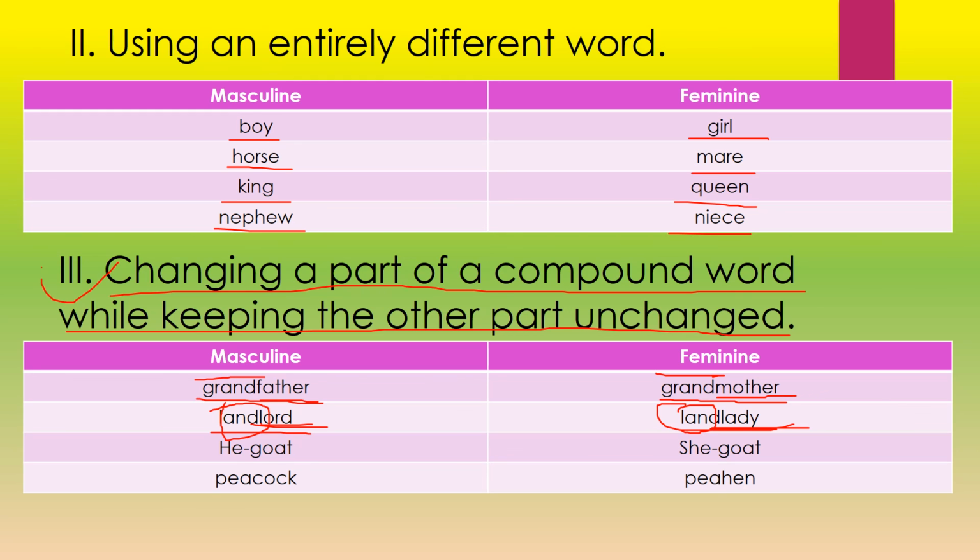Another example, he goat, she goat, peacock, peahen. So over here, goat, goat, both are the same. The only difference is that he is given in masculine gender, she is given in feminine gender. That is he goat and she goat.